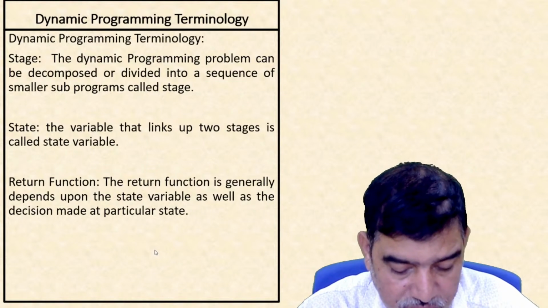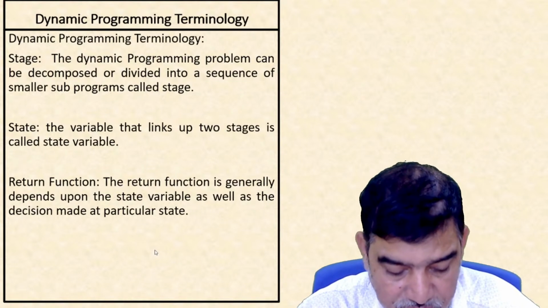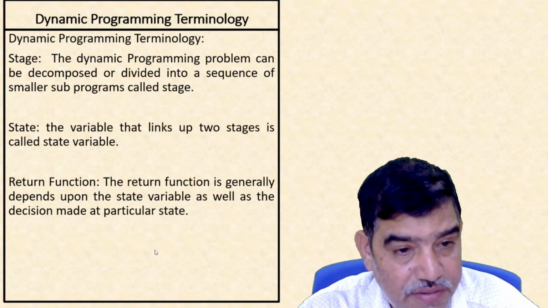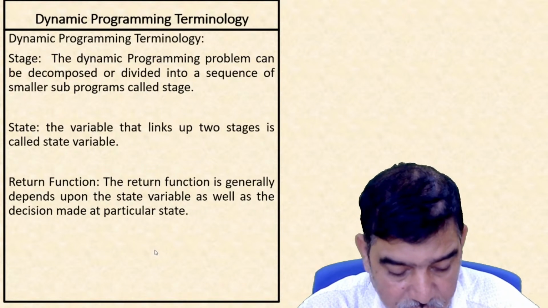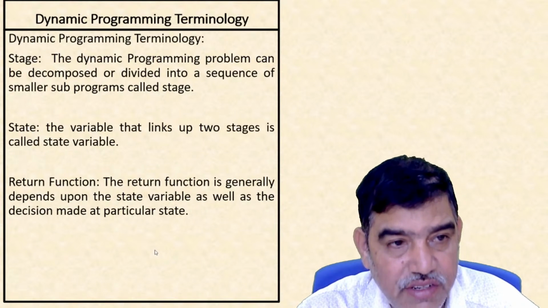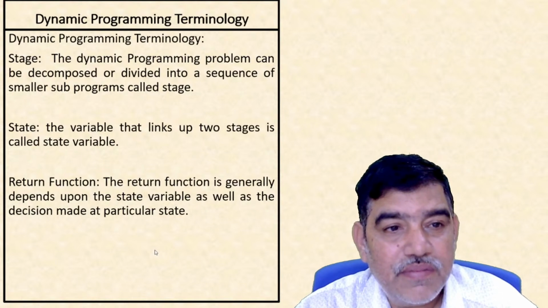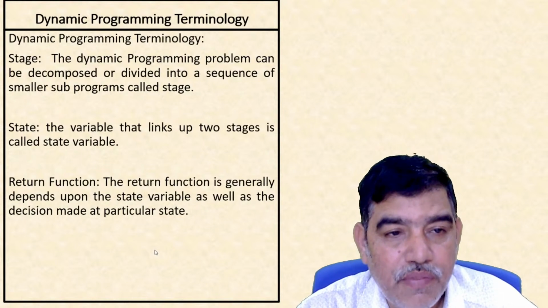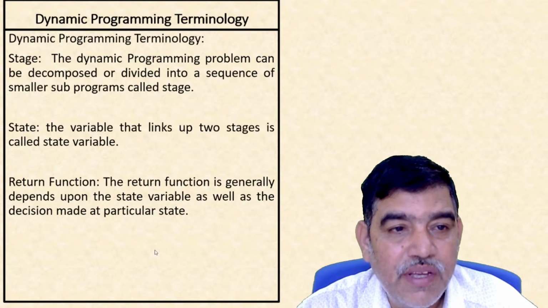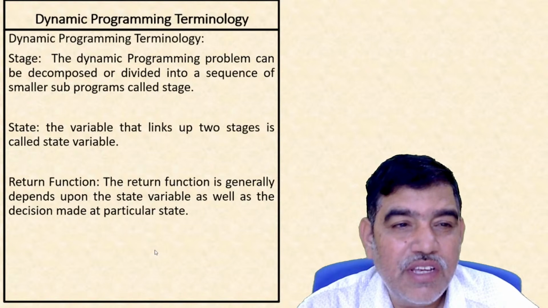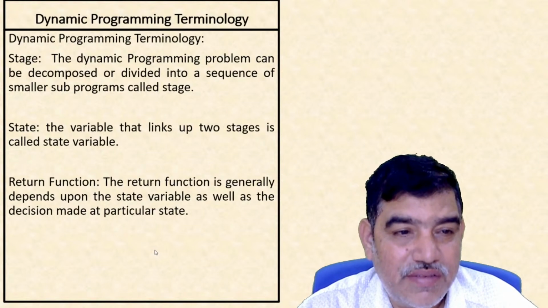For example, in the replacement problem, each year is a stage. In the salesman allocation problem, each area represents a stage. So what is the meaning of this? Stage means the entire problem is split into different subprograms, and those subprograms are called stages.